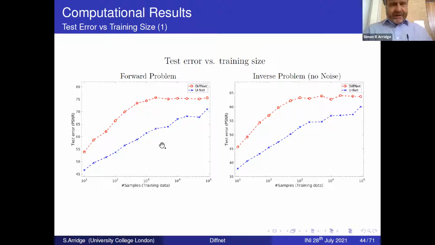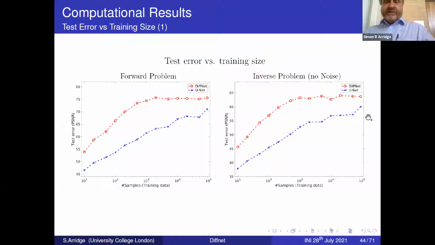For the same number of samples in the training data, the PSNR from DiffNet is much larger than with UNet, although eventually they converge to similar values in the limit of very large training sets.